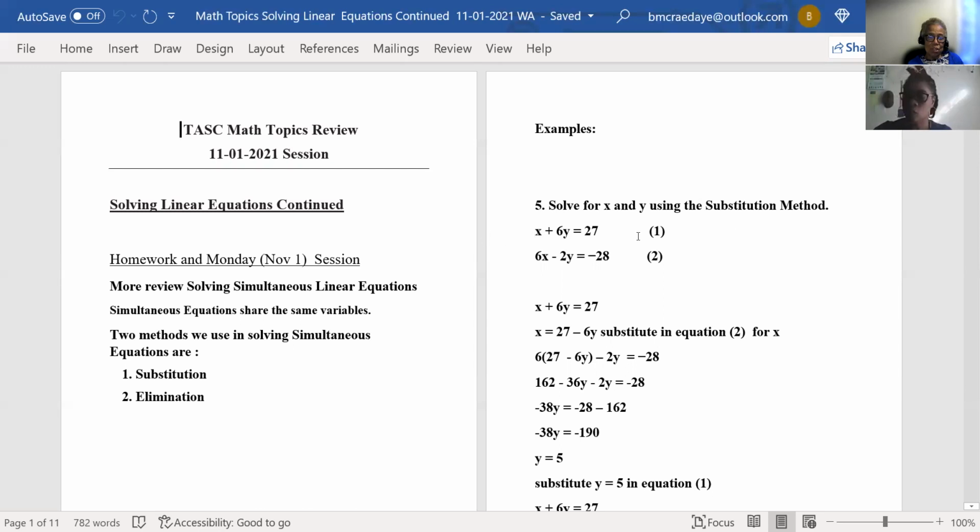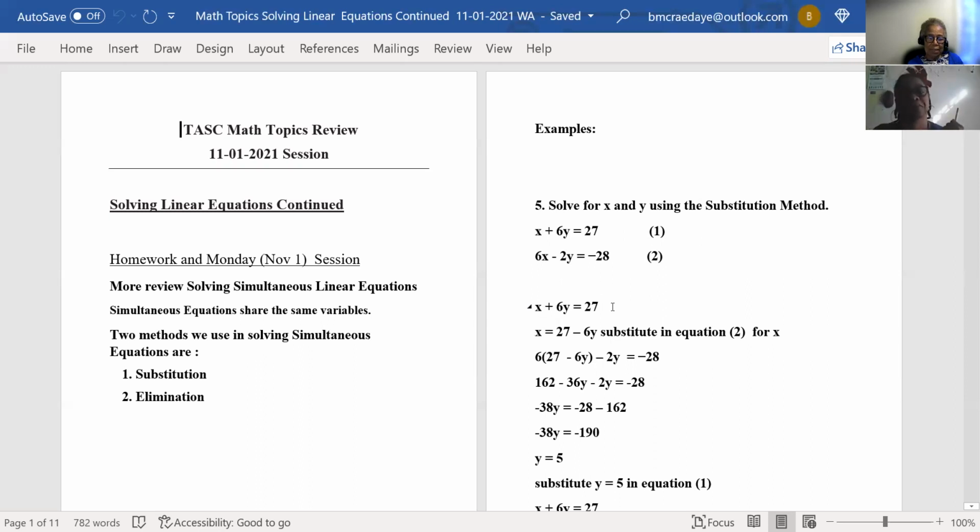And you see the screen, right, Vanessa? Yes, Miss Barbara. Okay, x plus 6y is 27, equation 1. 6x minus 2y equals minus 28 is equation 2. So using the substitution method, we take x plus 6y is 27 and change it to what x is.